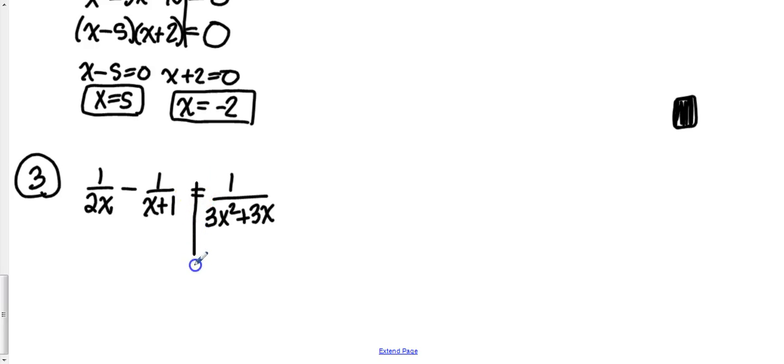So I'll leave that one set up for the next class, and we will have a situation of common factors. So we'll see how we do with that. If you want to give it a try in advance, we should be getting x equals 1/3 as an answer. So if you'd like to challenge yourself to work on number 3 before we do it in class, that would be awesome.